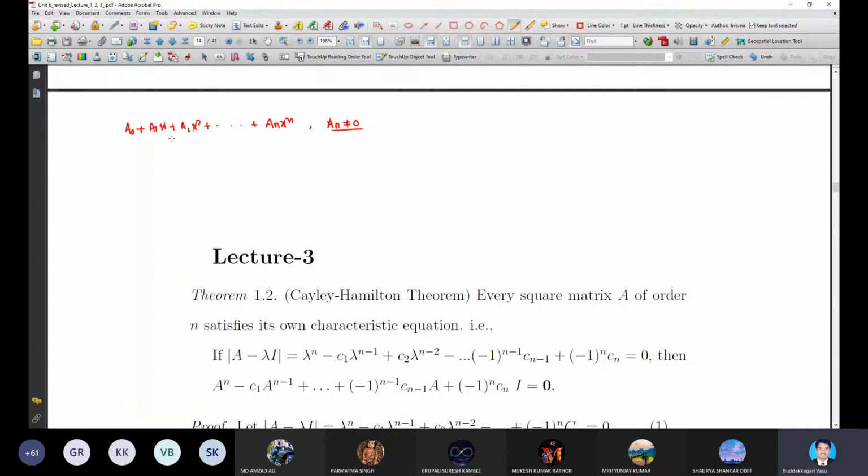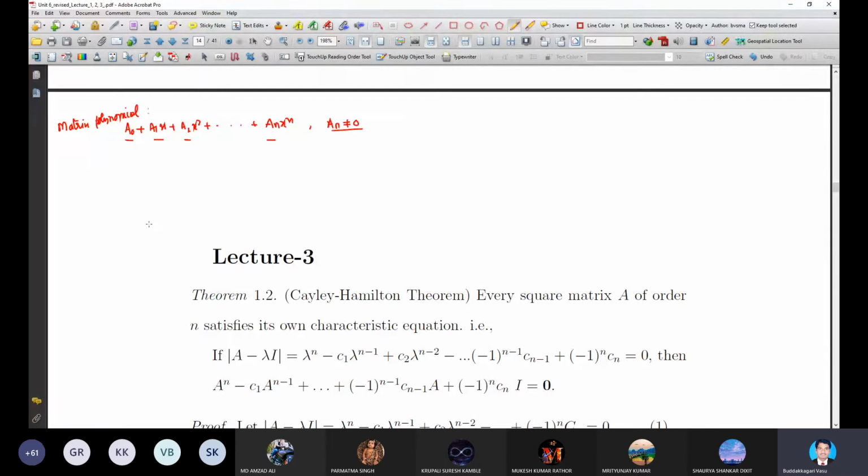Therefore this is said to be a matrix polynomial, where all these A0, A1, A2, A3 up to An are square matrices of order n by n over the field F. It is called a matrix polynomial of degree n.